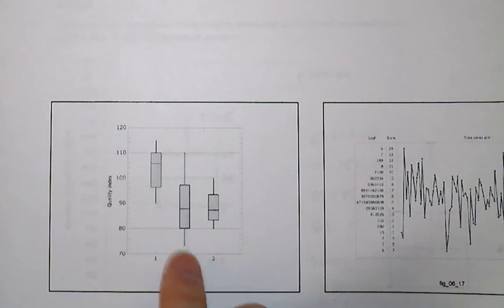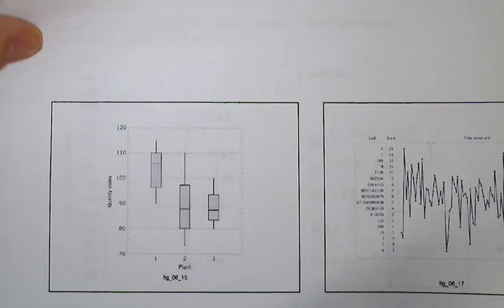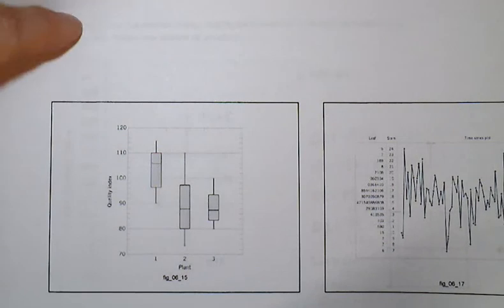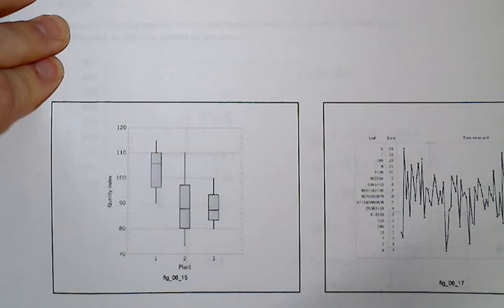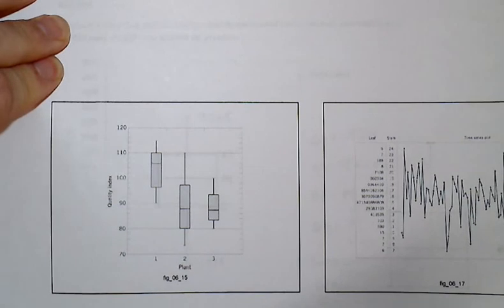And these 2 plants look like they're about the same overall quality, but plant 2 has a lot more variability to it. And so they're useful plots. They're very easy to create when you've got data already entered into a software package, and even if you don't, to create them by hand is really not all that big a deal either.